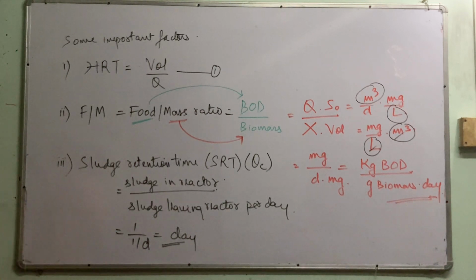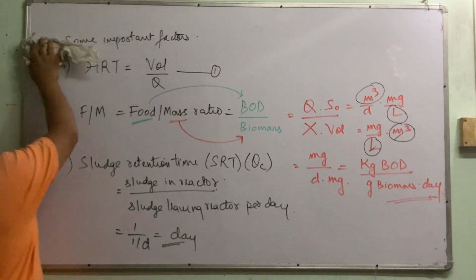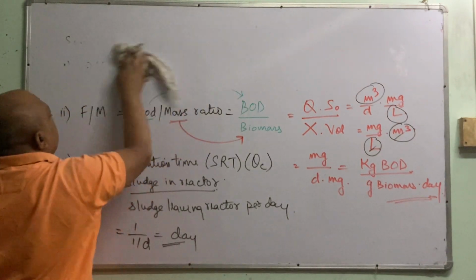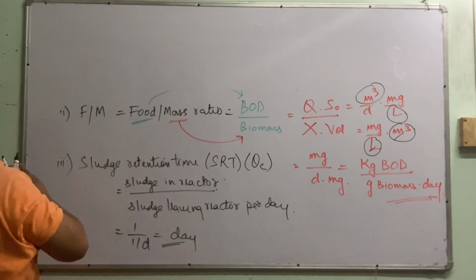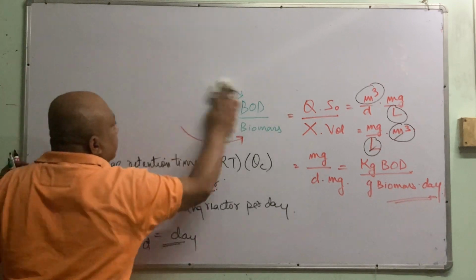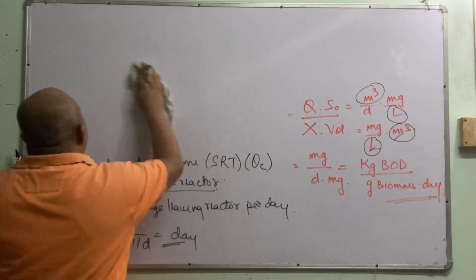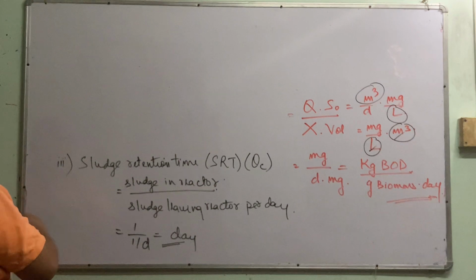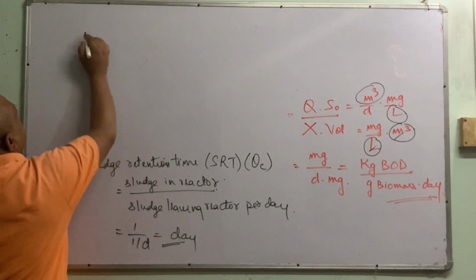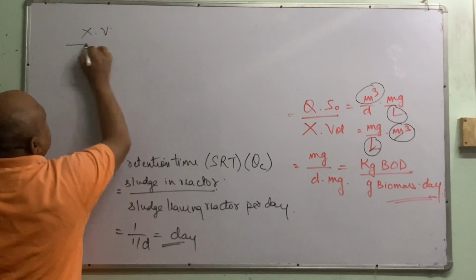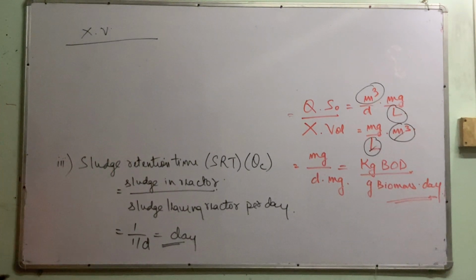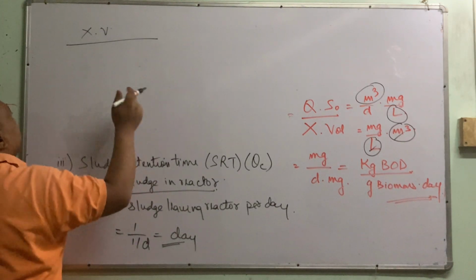The formula will be given by, let me rub the first part. You can pause the video. This first part I am removing it. Look at the second part also, then we remove it. Sludge in the reactor is X into V, correct? And sludge leaving the reactor per day, what is that?